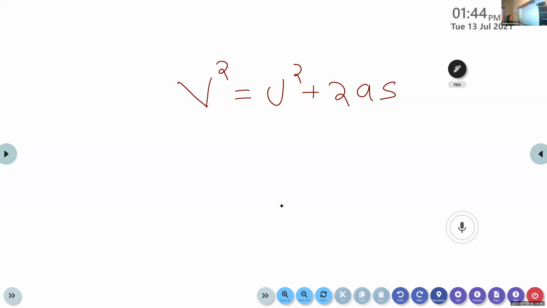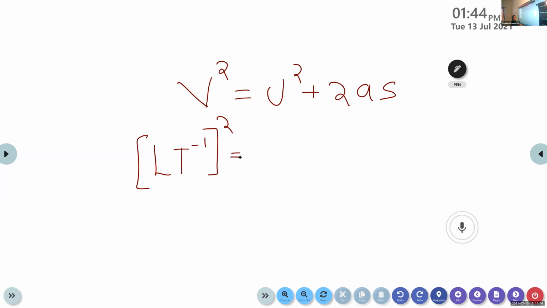The dimension of LHS, ma'am, it's LT raised to -1, the whole square. Okay. LT raised to -1, and here we have V square, so LT raised to -1, the whole square.